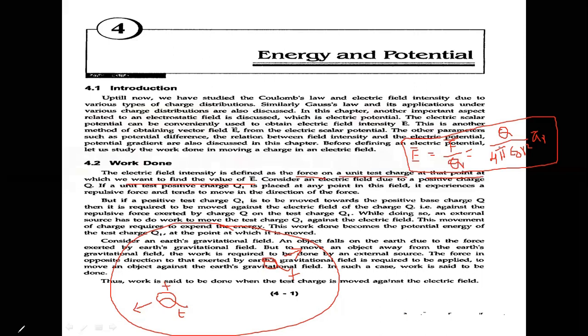While doing so, the external source has to do work to move the test charge Qt against the electric field. This movement of charge requires expending energy. This work done becomes a potential energy of the test charge Qt at the point to which it is moved.